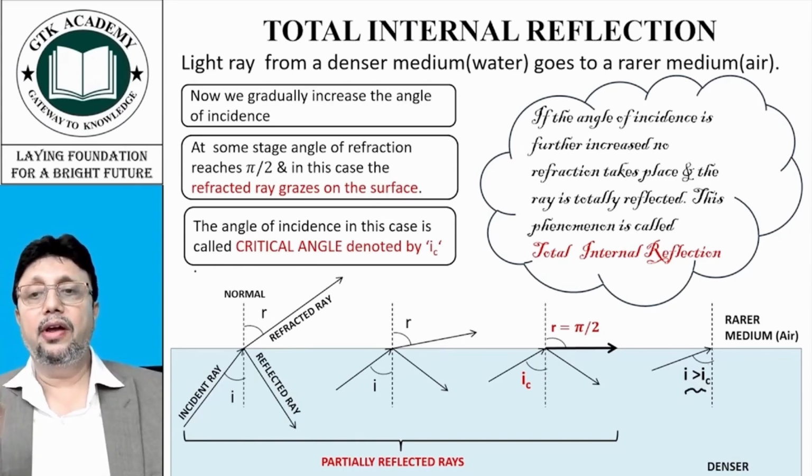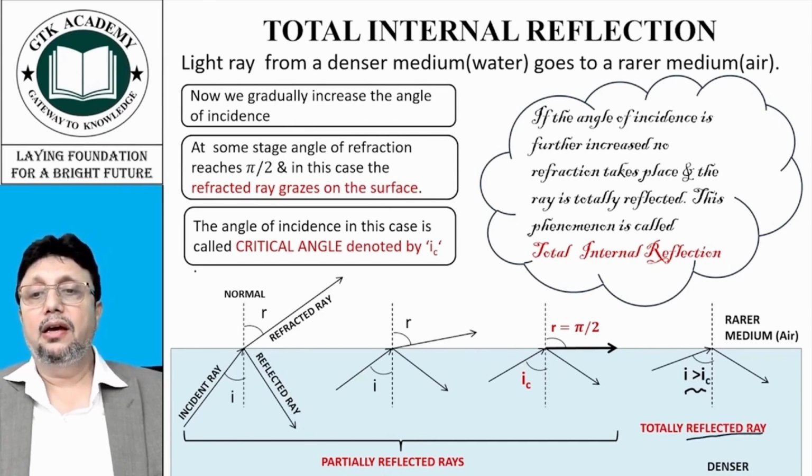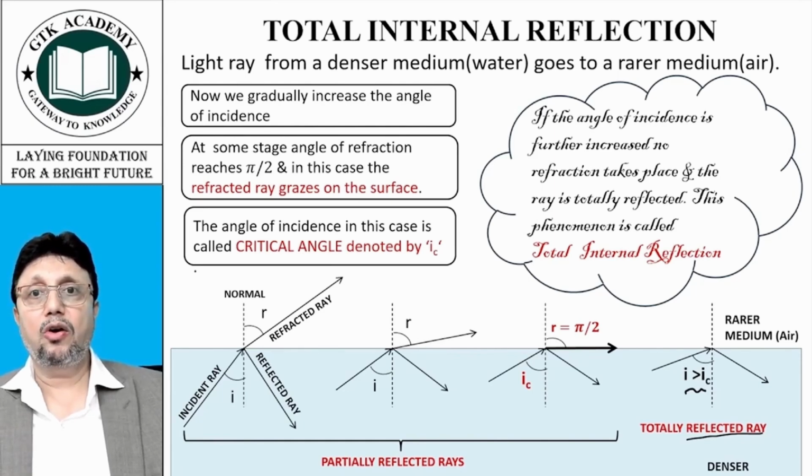The whole ray is going to be reflected back in the medium. So here this is case where we have totally reflected ray. This phenomena, when the light is going from a denser to rarer, please remember it is denser to rarer, not rarer to denser.